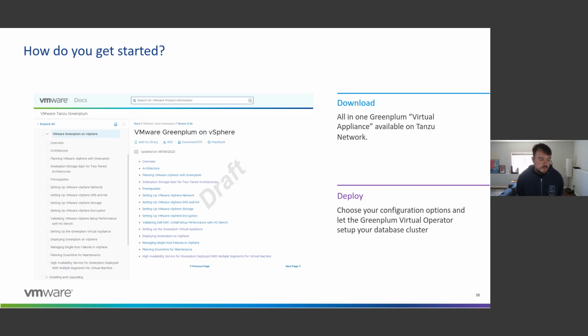And so choosing the right platform of vSphere for virtualization for Greenplum to put all of this together, it's very easy to actually download what we call the virtual appliance, which is an all-in-one virtual machine image that gives you everything you need to deploy Greenplum and set everything up. And get very quickly into the position where analysts can reach the platform, input data and run the queries and start getting the business insight.